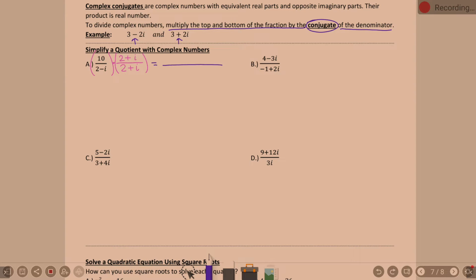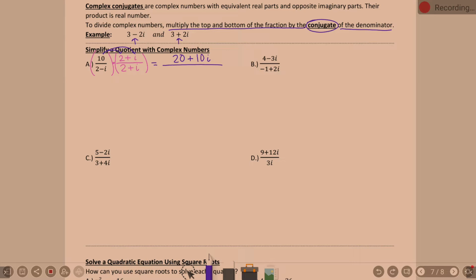In the numerator, how do I multiply 10 times 2 plus i? We're going to take 10 and we're going to distribute. 10 times 2 is 20 plus, what's 10 times i? 10i. Okay. Denominator. How do I multiply 2 minus i and 2 plus i? What are we doing here?